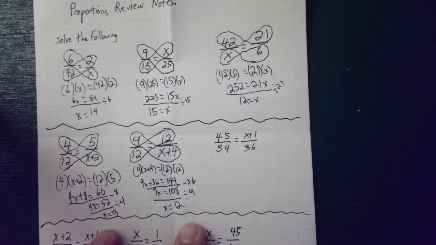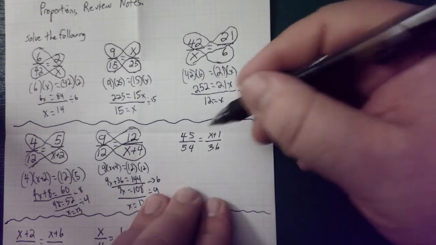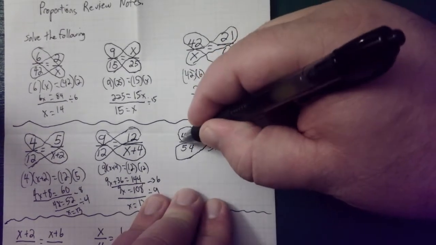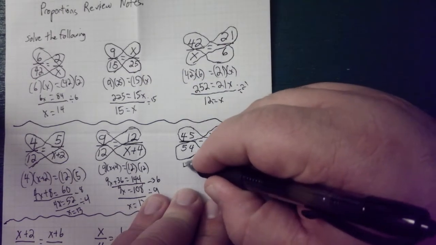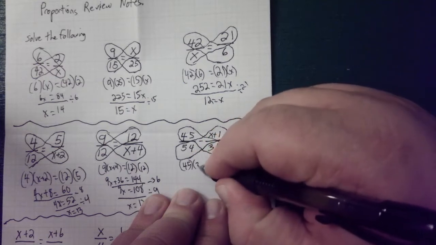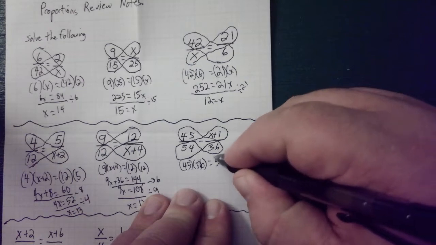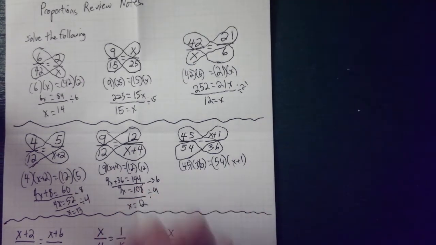Okay, and then we have this one. Ooh, I'm going to need a calculator. 54 times x plus 1 and 45 times 36. Oh yes, I want a calculator. 45 times 36 equals 54 times x plus 1. Well, 45 times 36, let's see. Clear, I'm so out of it today.